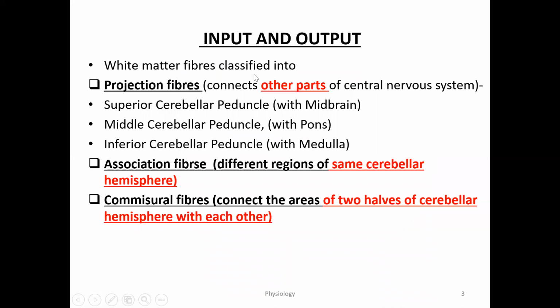In general, what is meant by projection fiber, association fiber, and commissural fiber? Projection fibers connect to other parts of the central nervous system.